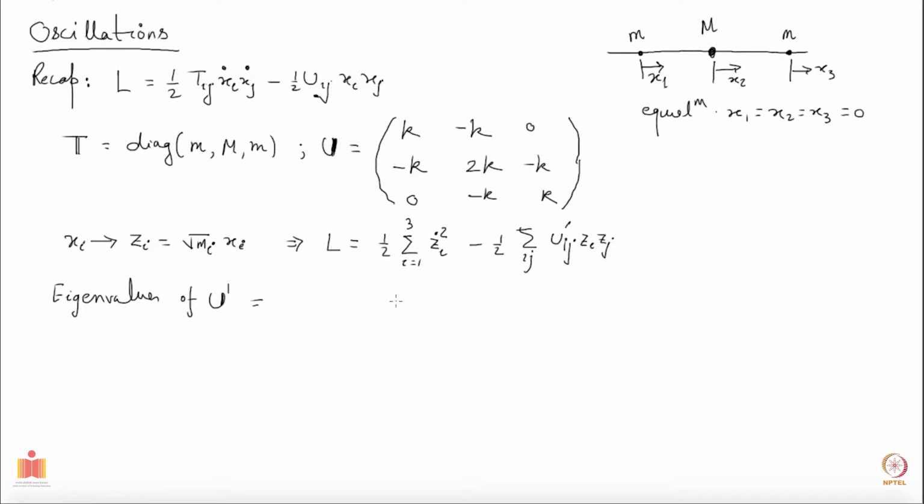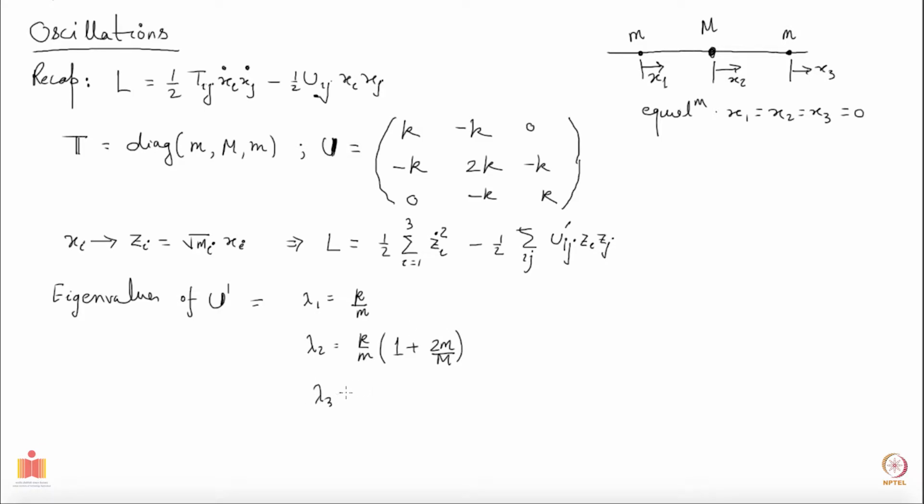We found that it has 3 eigenvalues, which we expect because our equation was cubic, and the eigenvalues are the following. Lambda 1 is k over m, lambda 2 is k over m times (1 plus 2m over capital M), and lambda 3 was 0.